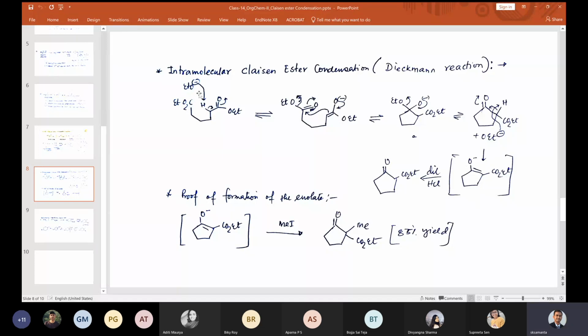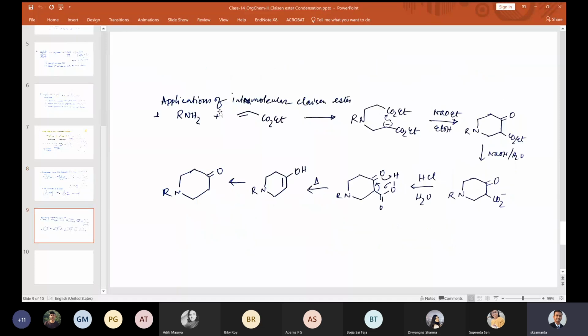Using this intramolecular Claisen-Ester condensation, there is a very interesting reaction sequence. This I also gave in the last exam. This is the application of intramolecular Claisen-Ester condensation. What you do is you take an amine and you take this kind of ester. Then this double bond is very reactive, which undergoes Michael type of addition.